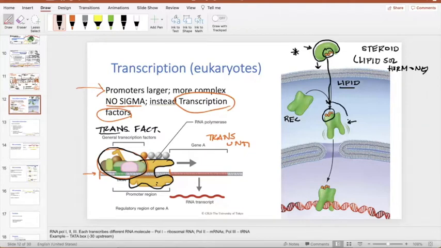This steroid receptor complex then migrates to the nucleus, where it binds to the DNA of target genes to initiate transcription. Where is it binding? Well, y'all, where this thing is binding is in the promoter region of target genes.